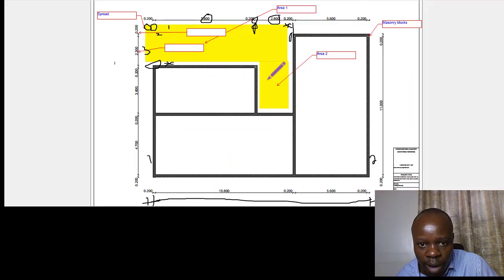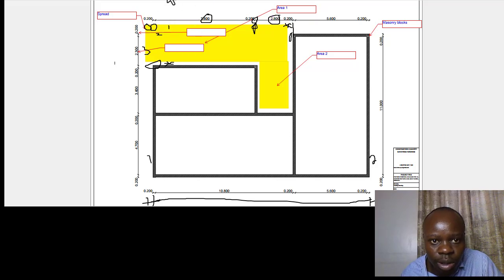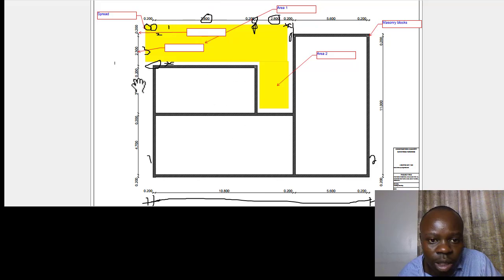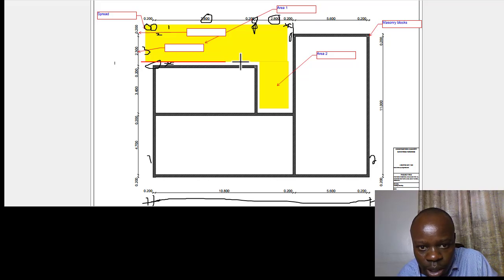So the one that we need is, if I was able to just draw a line, would show us that what we need is going straight in this particular manner from that part, and then down to this other bit.